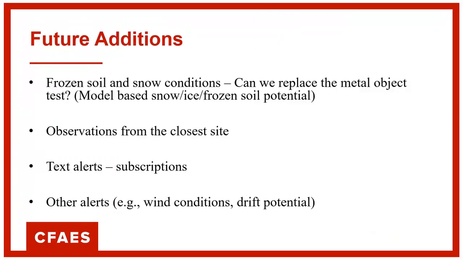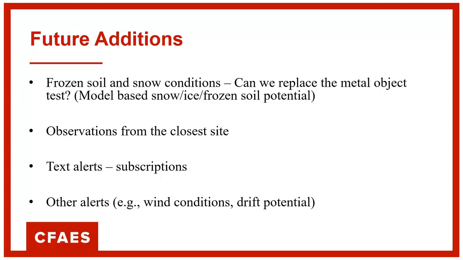Okay, so this is hopefully not the last thing we do in this realm. Hopefully this is the first of several decision tools that we hope to create for the ag sector. So the next things that we're hoping to include in this kind of tool would be a test for frozen or snow-covered soil.